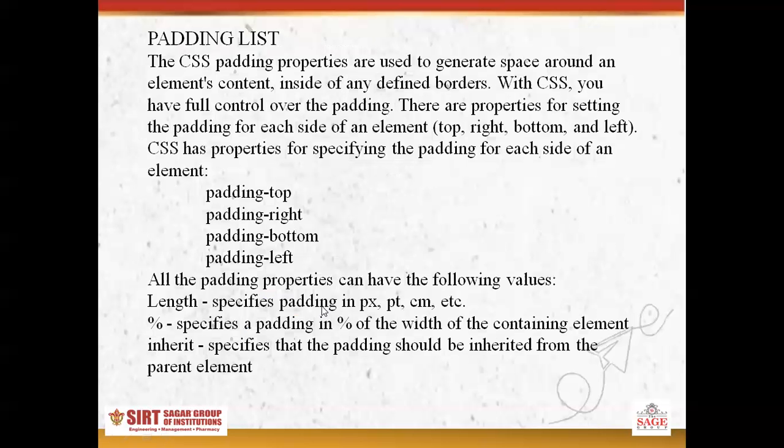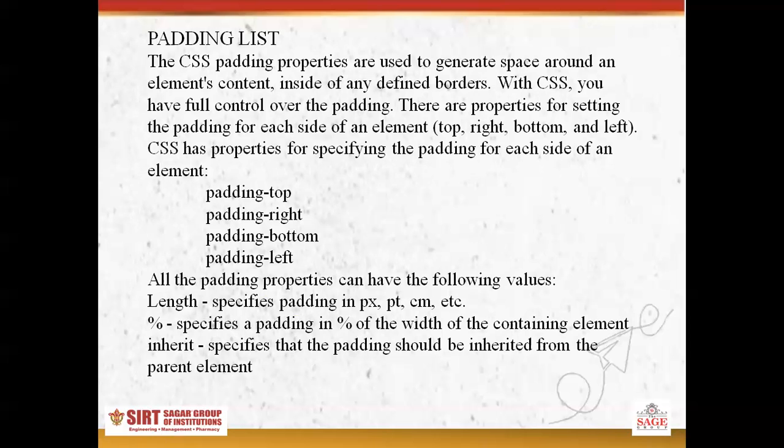Next, padding. Padding is a property used to generate space around any element's content, inside of any defined border. So we can also say that inside the border, the element's space is generated by padding. With CSS, you have full control over the padding.